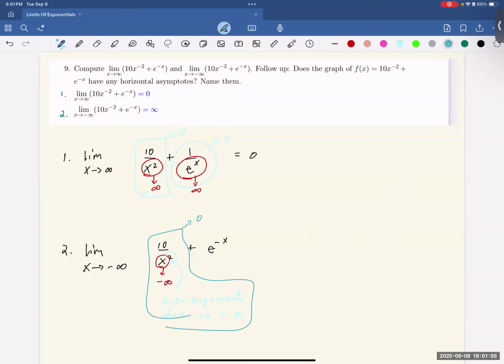All right, then the last, e to the negative x. The x, we'll say, goes to negative infinity. But then we have the negative of that.